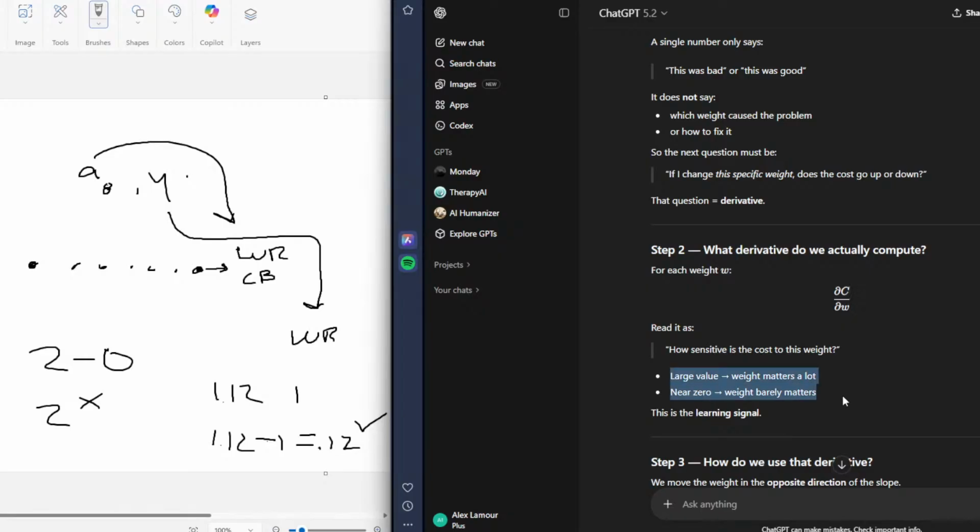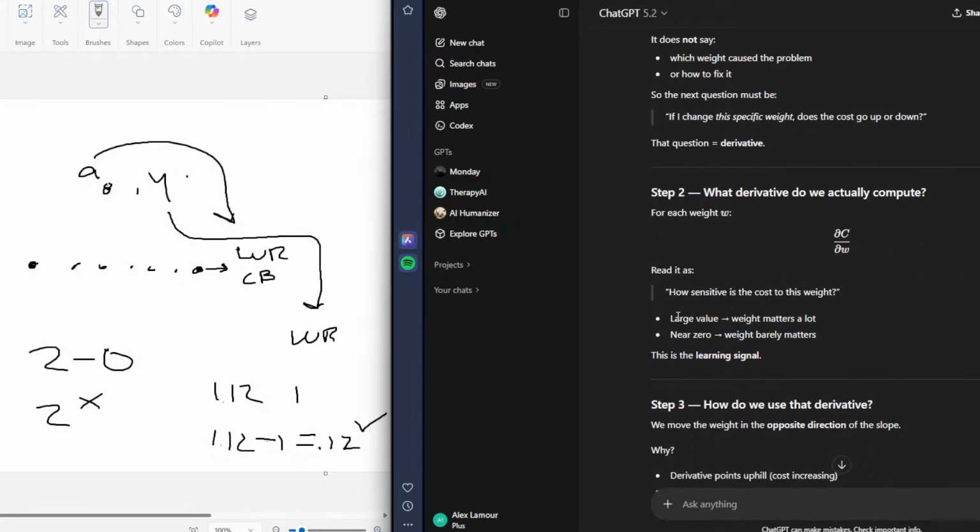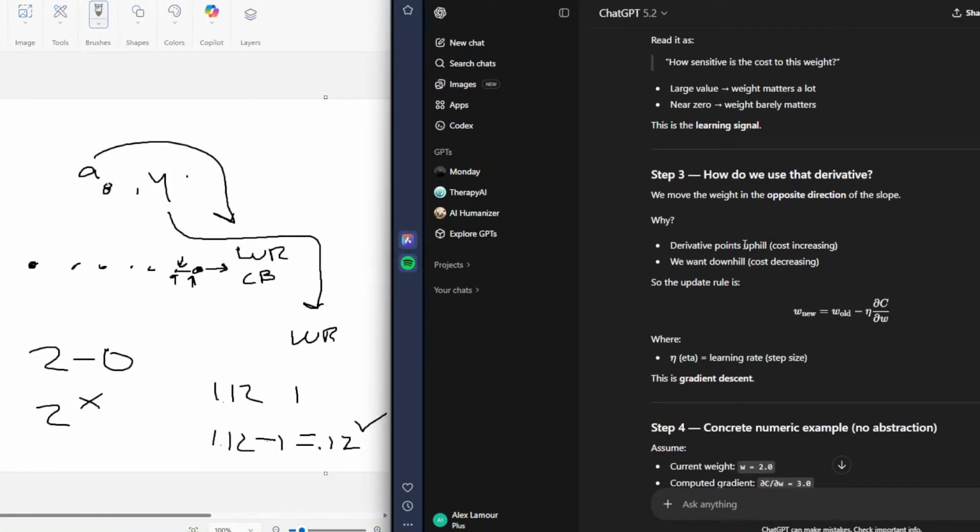So you find a derivative for each weight, and then you can understand how sensitive the cost is to that specific weight. So this weight here, we would find the derivative by finding the cost of either this guy or this guy. I want to say it's this guy though. And then depending on the value, we'll figure out how much the weight matters, and then we can work from there.